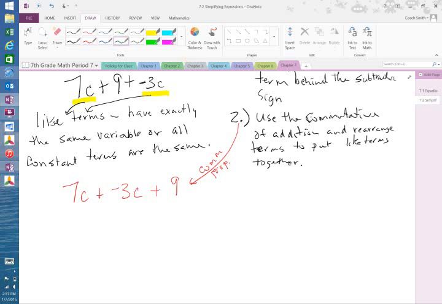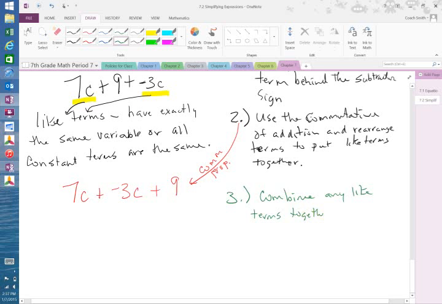Step 3, excuse me, I went ahead of myself. Step 3, combine any like terms together following the rules for adding integers.